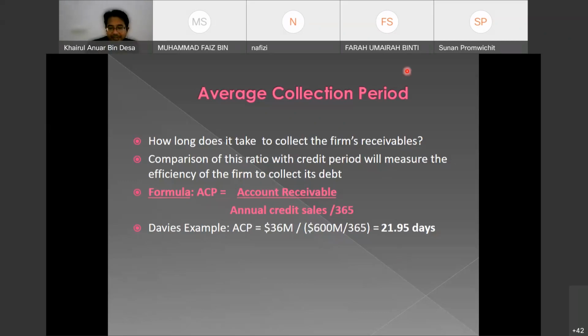Okay, yang lain-lain boleh tolong Sydney in the chat box now. Pada pendapat anda, from your opinion, 22 hari itu bagus atau tak bagus?